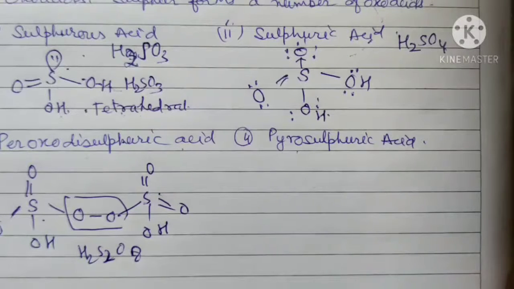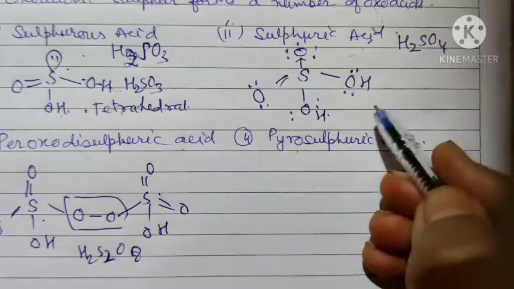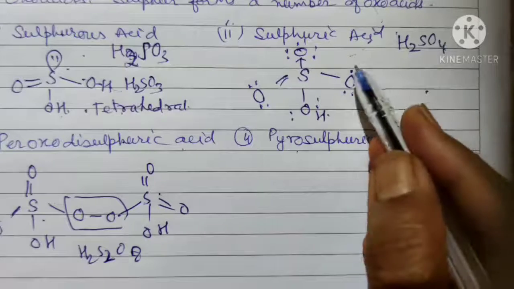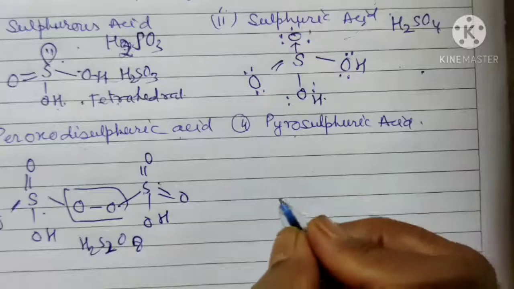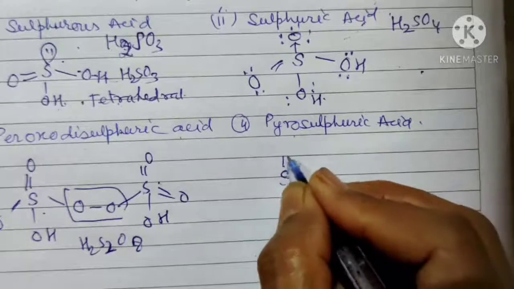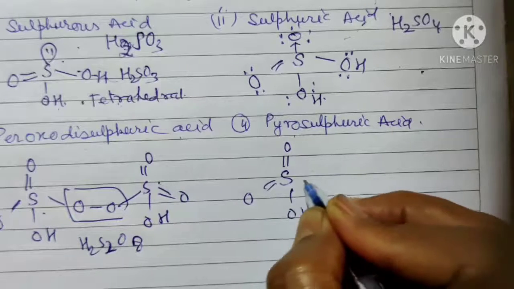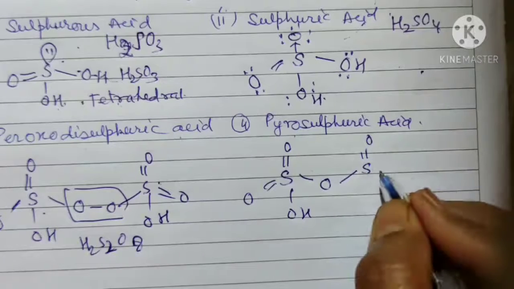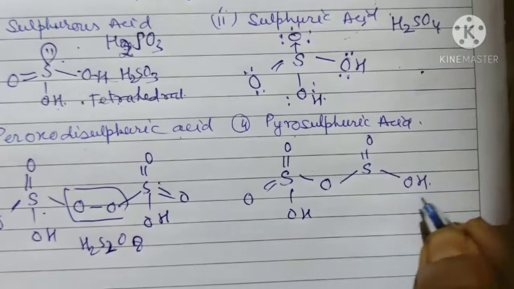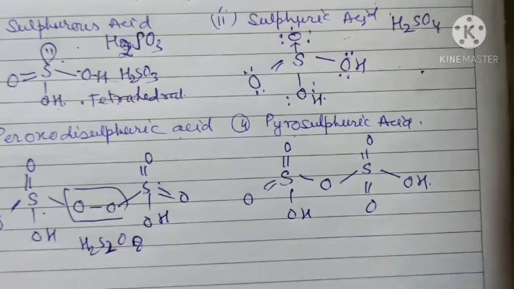Now next is the pyrosulfuric acid. Pyrosulfuric acid is formed when we remove 1 molecule of water from 2 molecules of sulfuric acid. Suppose you can write here 1 more molecule and then remove 1 molecule of water from here. So I am writing the structure. For this we can write 1 double bond here, 1 double bond here, 1 OH here. Then we write 1 O. O will be common. Then we can write OH here, and the 1 double bond O will be here.